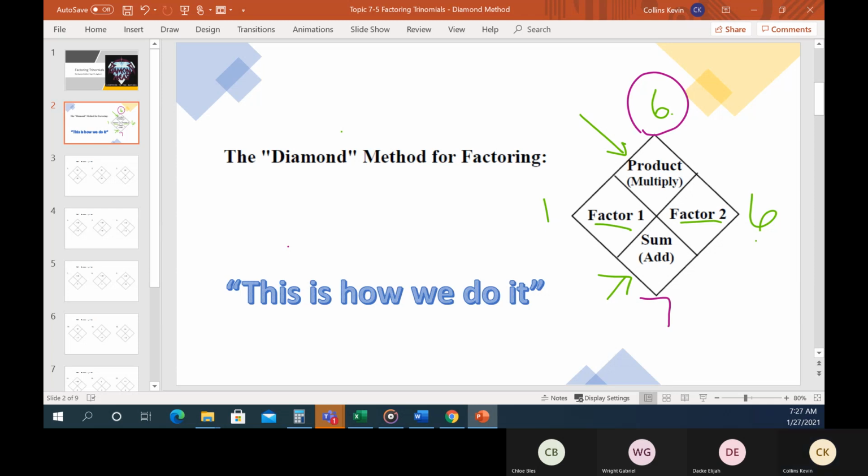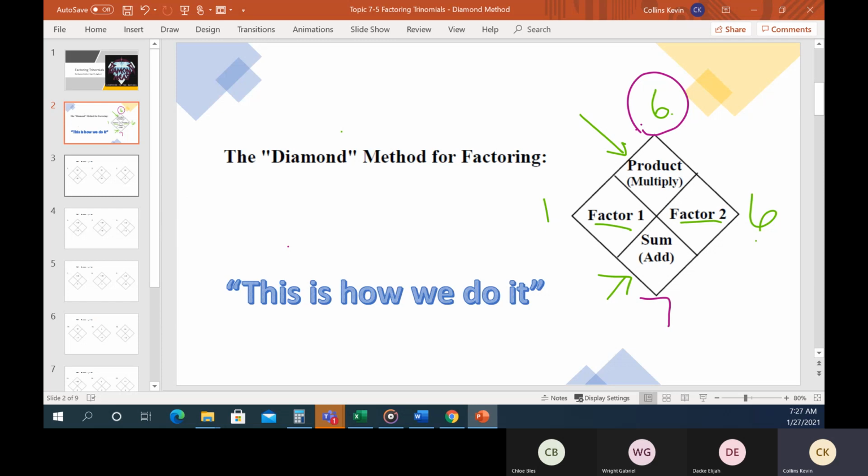So the top number determines the possibilities, the factors, because there's only so many different ways you can multiply two numbers together to get a certain number, right? In this case, 6, we got two versions of it. We got 1 and 6, we got 2 and 3. Which one we use is determined by the number at the bottom.